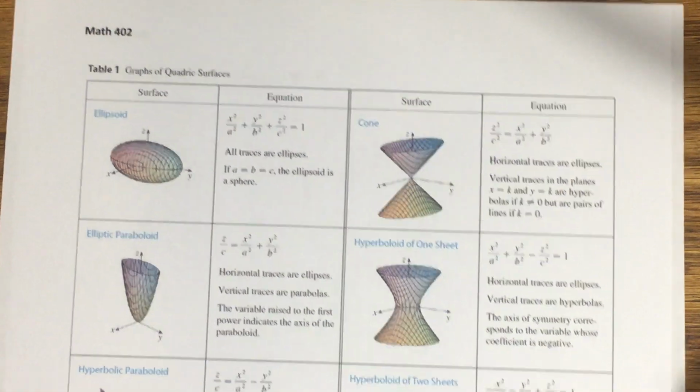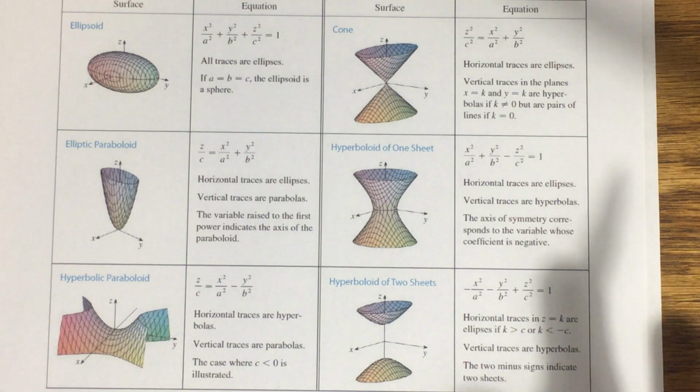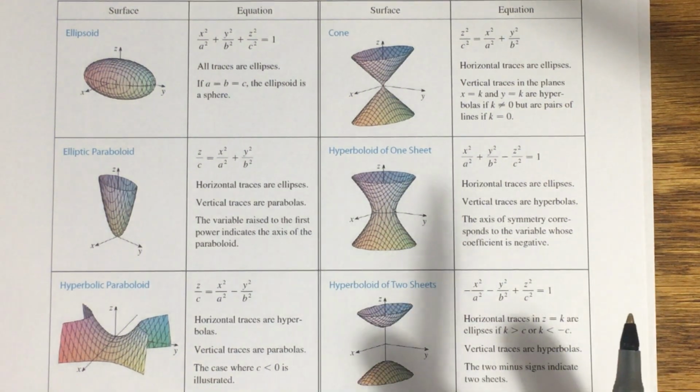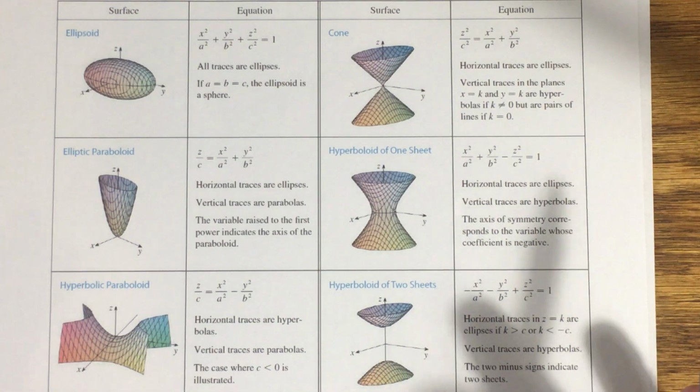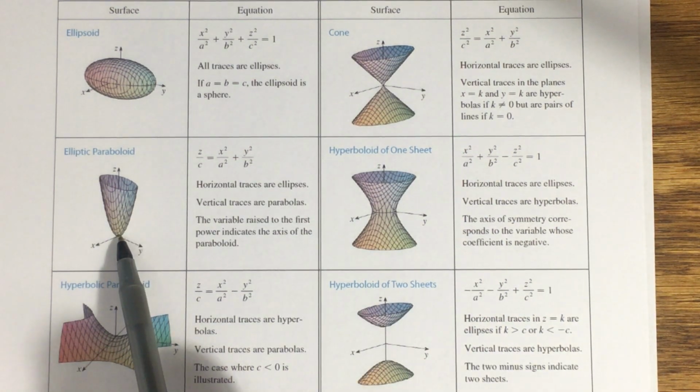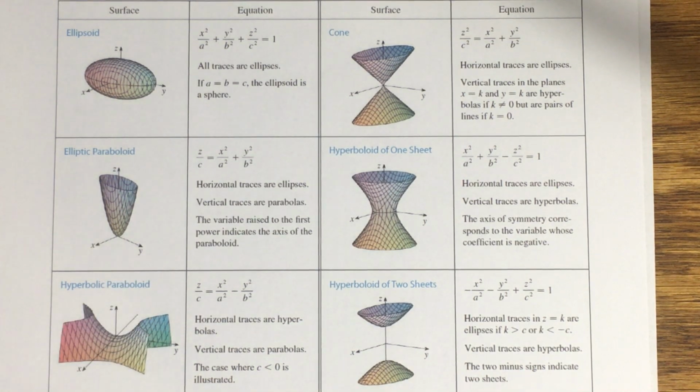All of these quadric surfaces on this table are in some sense centered at the origin. Now the term center isn't always the appropriate term to use. For example, this elliptic paraboloid, I would say that it has a vertex at the origin, but they represent the simplest case, where the origin is sort of a center or a vertex, or it provides some symmetry there.